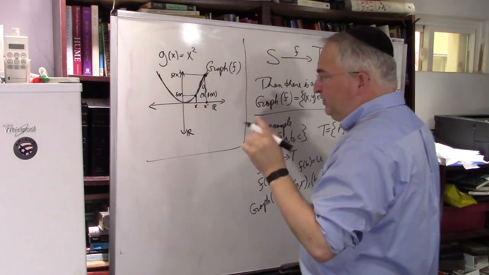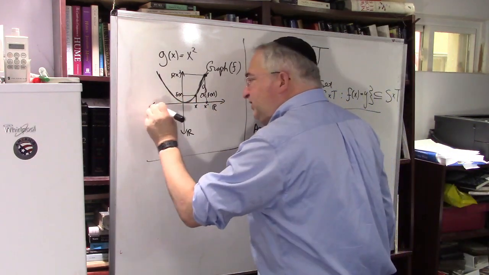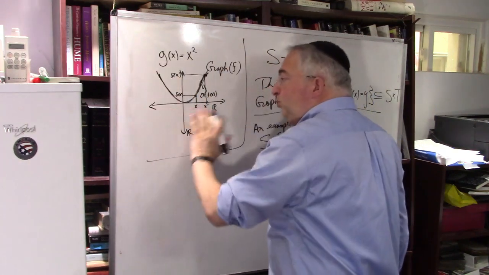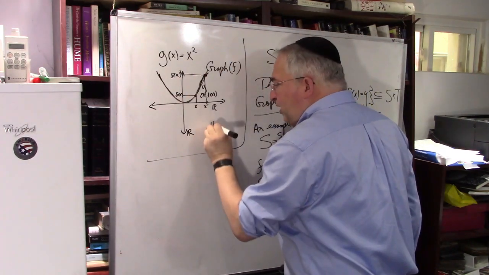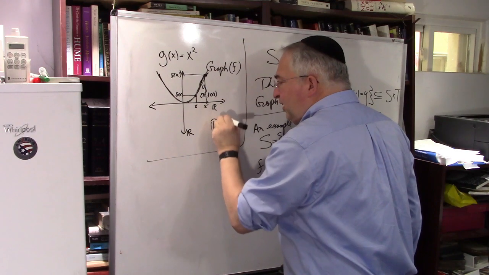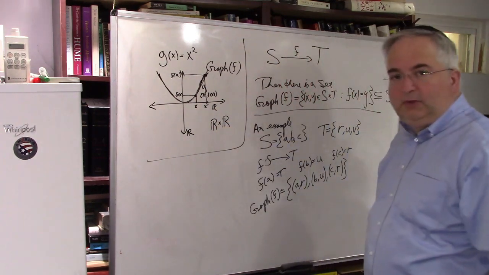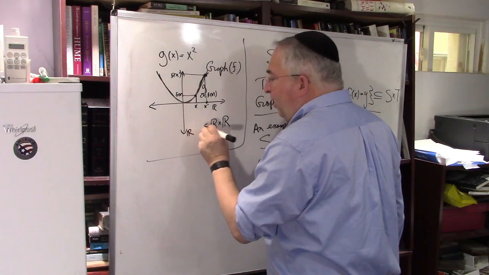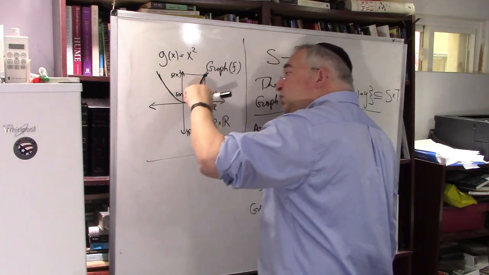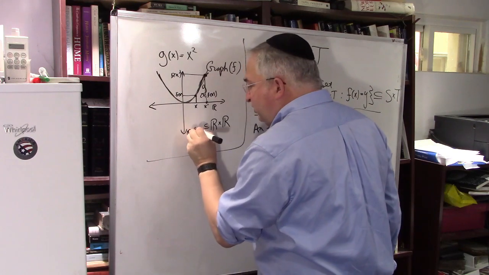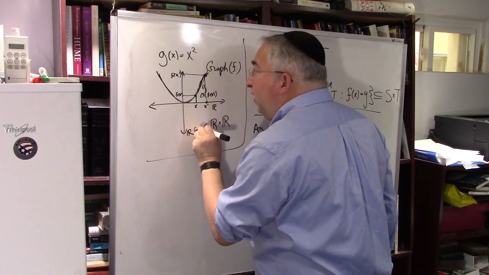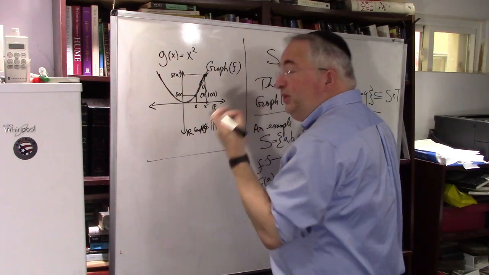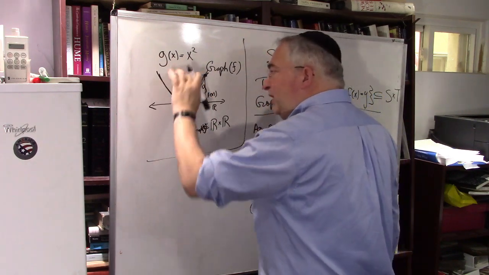Okay, so let's go through this. This is the real line. This is the real line. This whole plane is the real line cross the real line. Now you have a subset of the real line cross the real line, which is this line, which is the graph of g. The graph of g is a subset. Here's the real line, here's the real line.